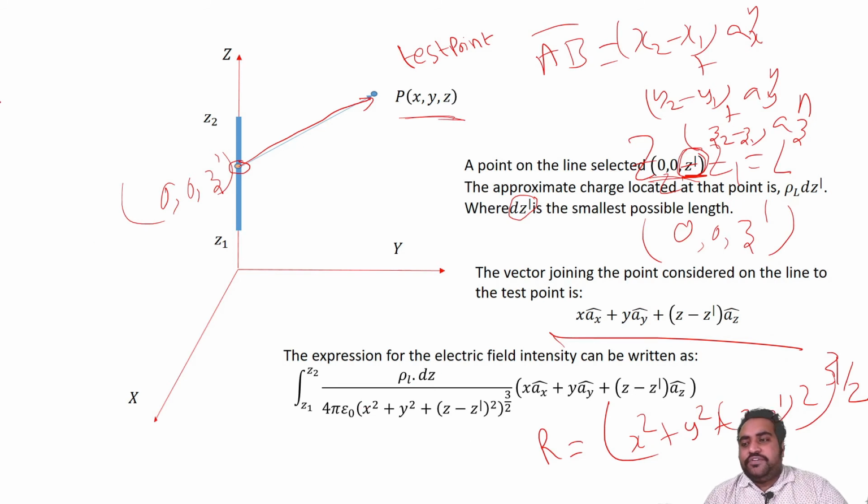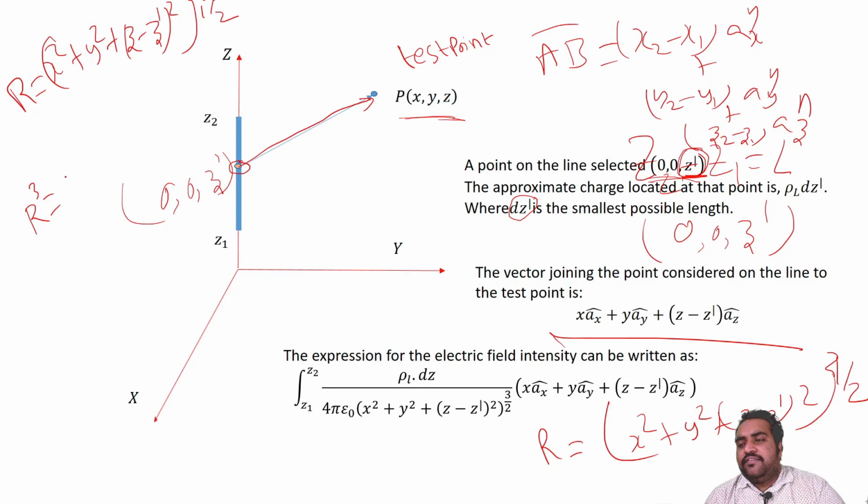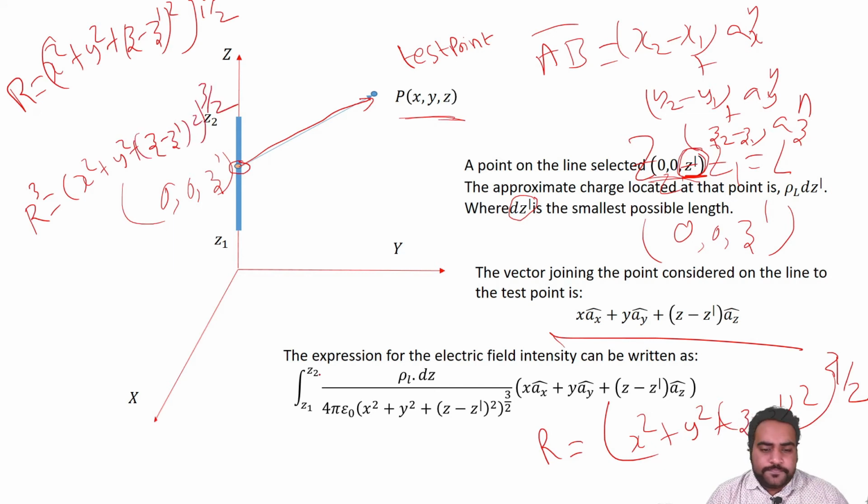So you may not be seeing that clearly, so let me write it here. r can be written as x square plus y square plus z minus z prime whole square to the power of 1 by 2. So r cube would be this entire thing raised to the power of 3 by 2.